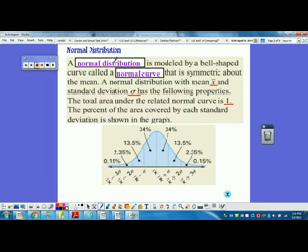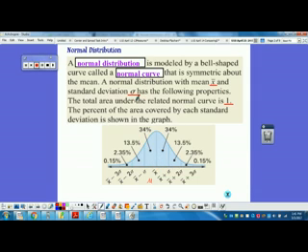A normal distribution is modeled by a bell shape, so you get this bell-shaped curve here. It's called a normal curve. It is symmetric about the mean. The mean we abbreviate as x bar. Sometimes in certain statistics you'll see the mean also listed as mu, which looks like a fancy lowercase u, but I will try to use x bar.